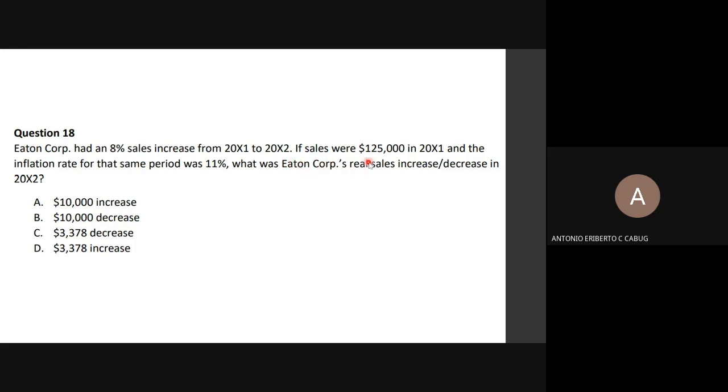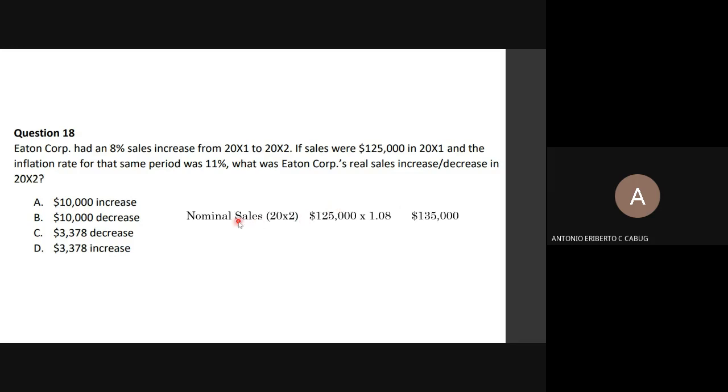If sales were $125,000 in 20x1 and the inflation rate for the same period was 11%, what was Eaton's real sales increase? When we use the word real, yun yung totoo. Hindi lang dahil tumaas yung presyo. Remove the effect of inflation if you would like to know the real change in 20x2. Enter everyone.